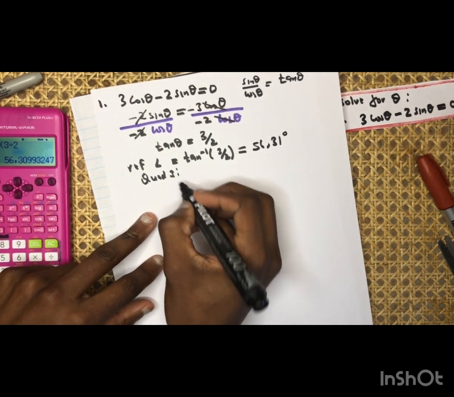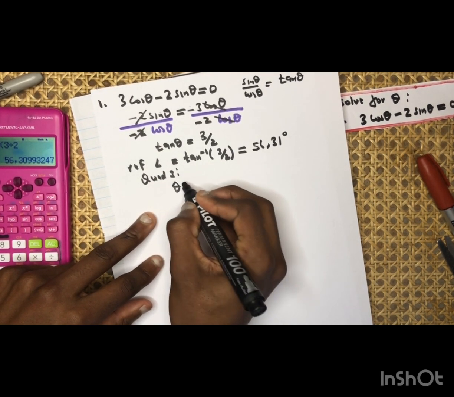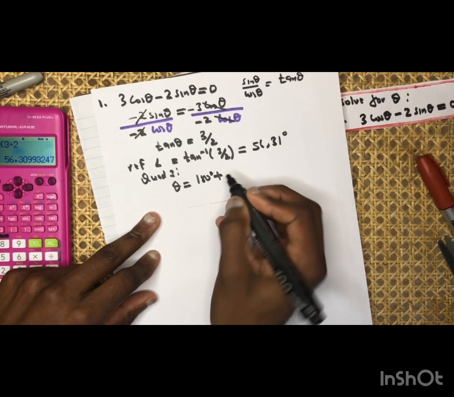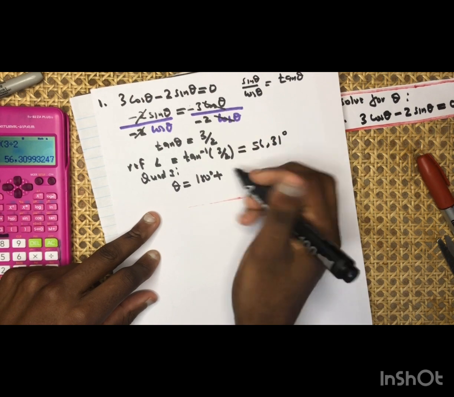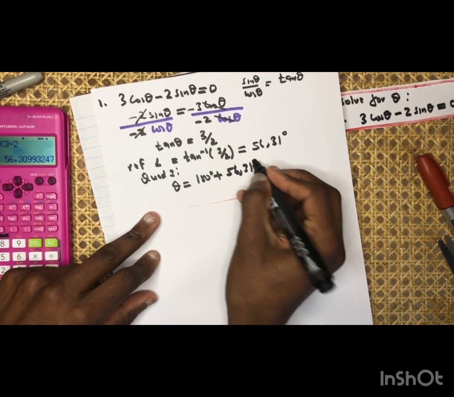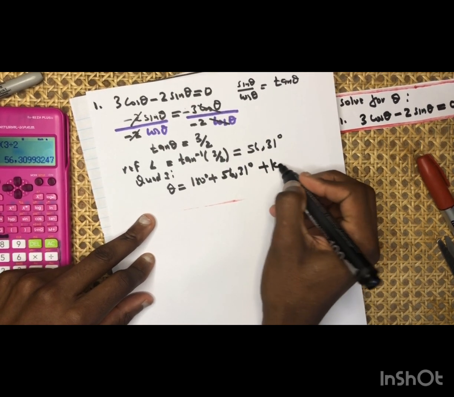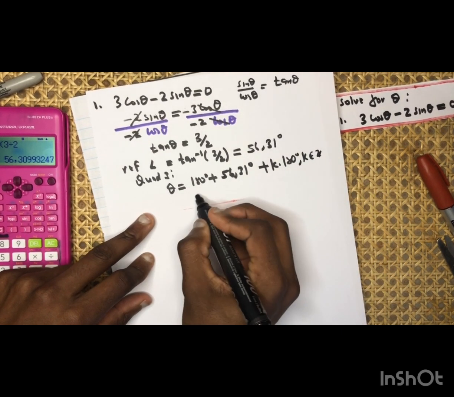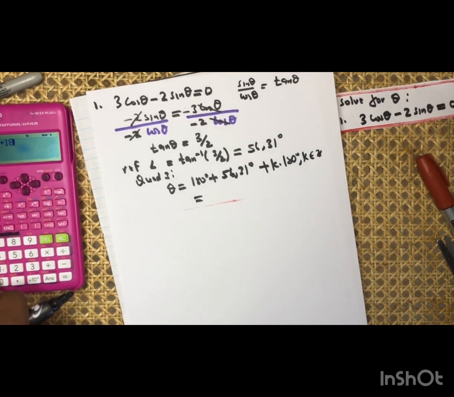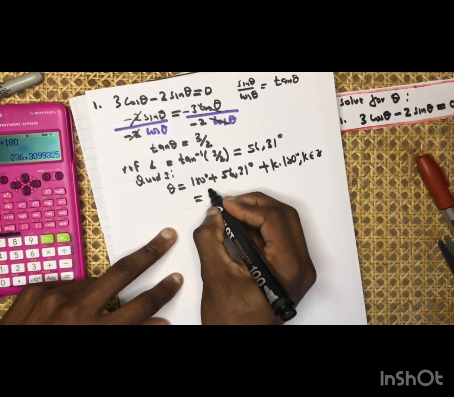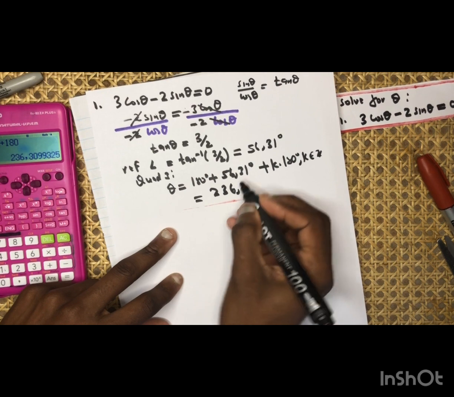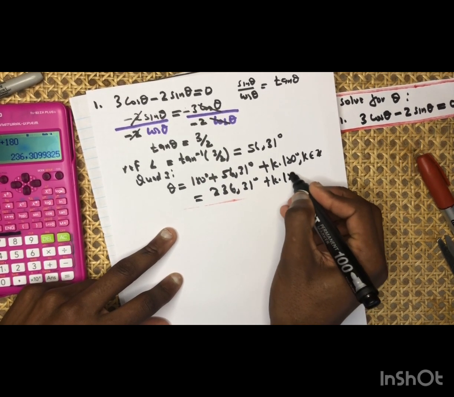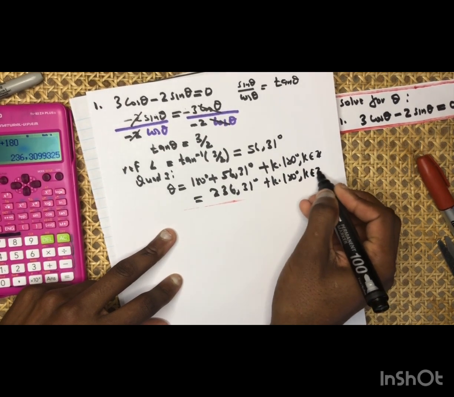So theta is equal to 180 plus my reference angle, which in this case is 56,31 degrees, then I don't forget my period, which is 180 degrees, where k is an element of the integers. If we add 180, we get 236,31 degrees plus k times 180 degrees, where k is an element of the integers.